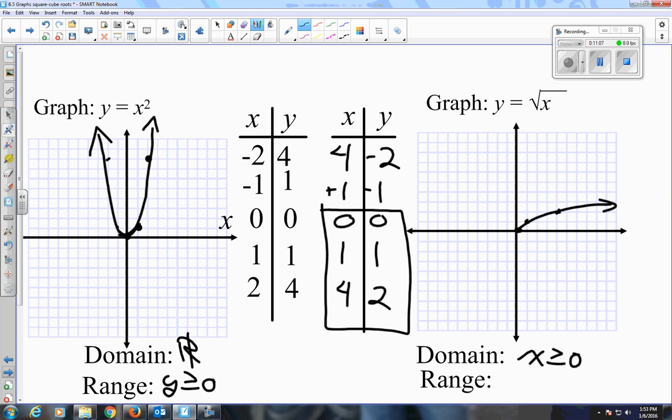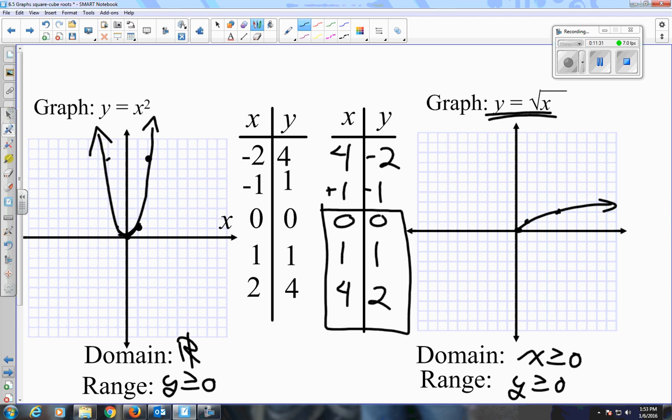It's just this out. Now, you could graph y equals a negative square root of x, and that would also be a function, but there's going to be two different functions. So for the one I have here, and this is our parent function, we're going to have y greater than or equal to 0.